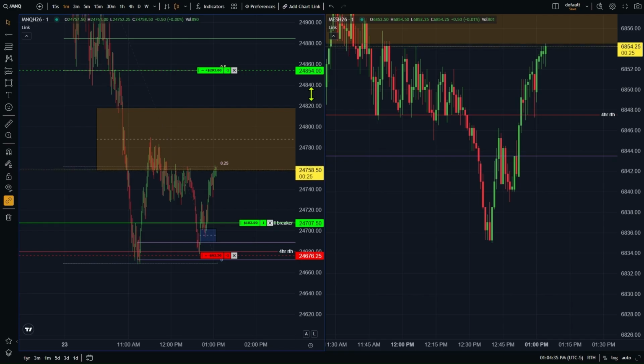I'm kind of losing hope that it's going to even push to those highs, taking back 25% of the day's move right there.